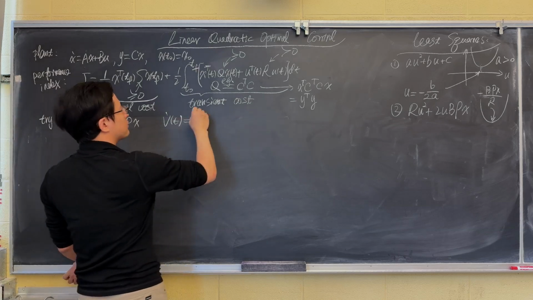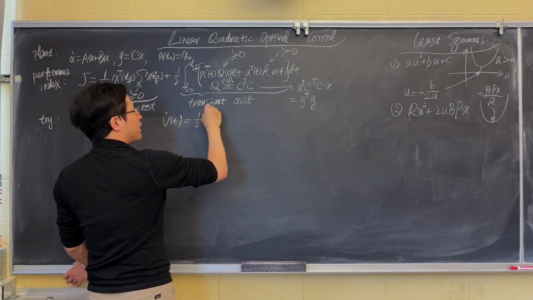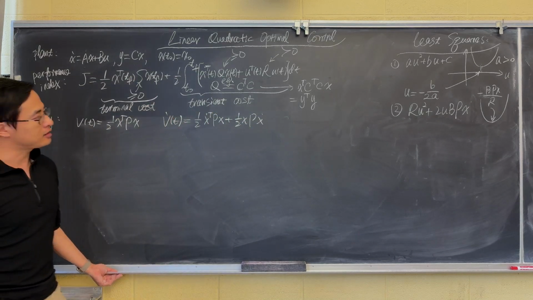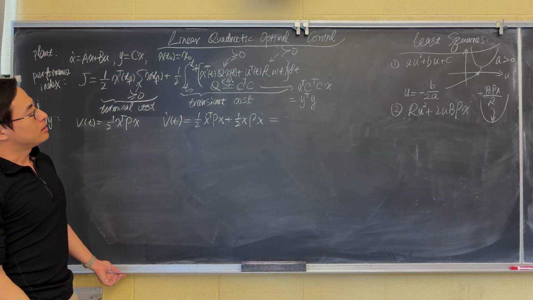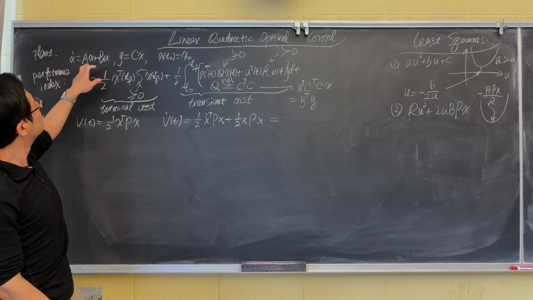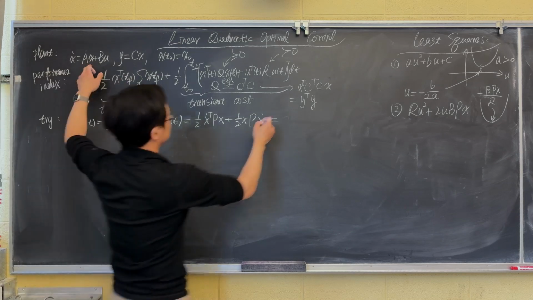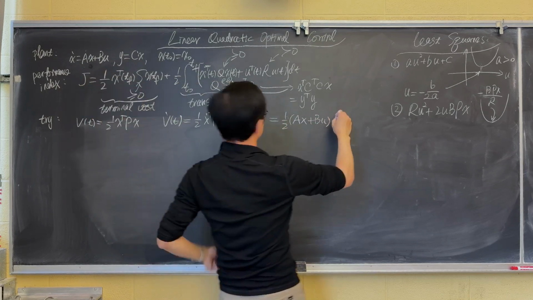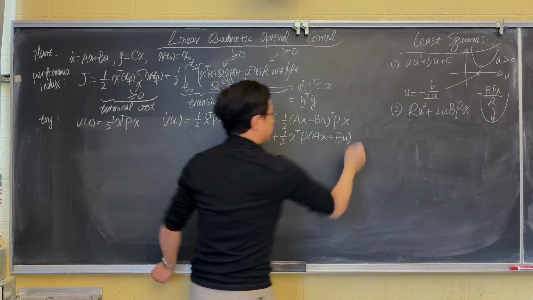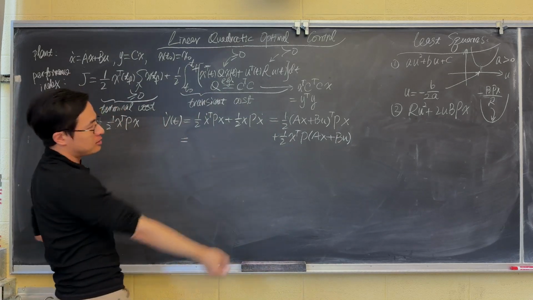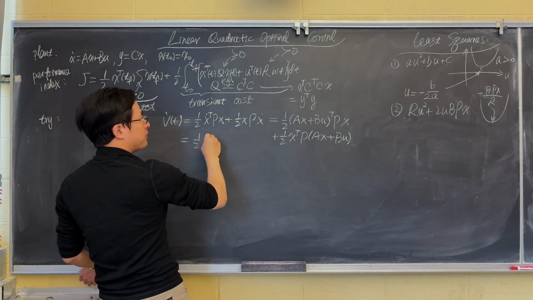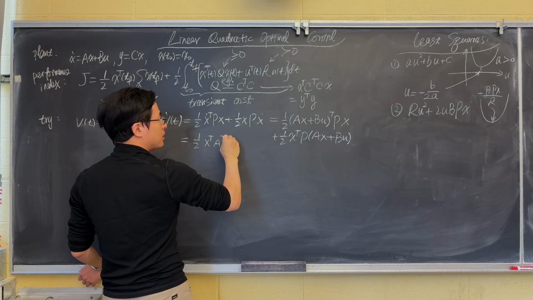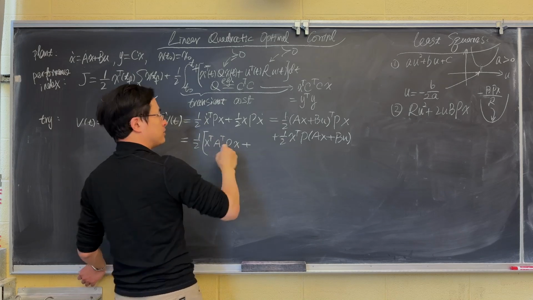which equals half of x dot transpose P x plus half of x transpose P x dot, and it equals half of this. And then we can combine terms a little bit to get half of x transpose A transpose P x.